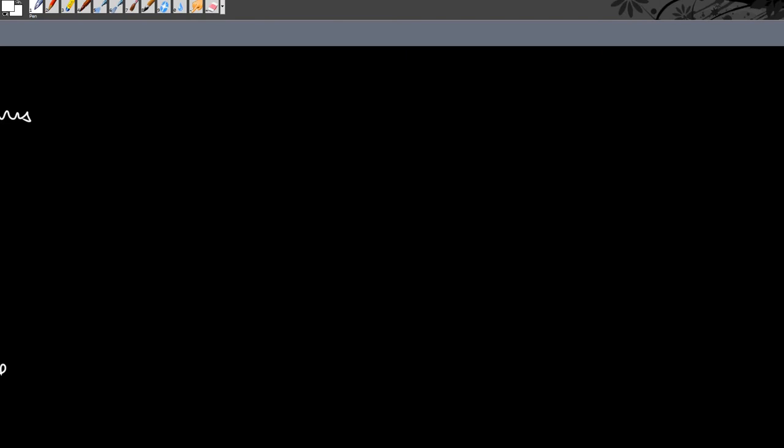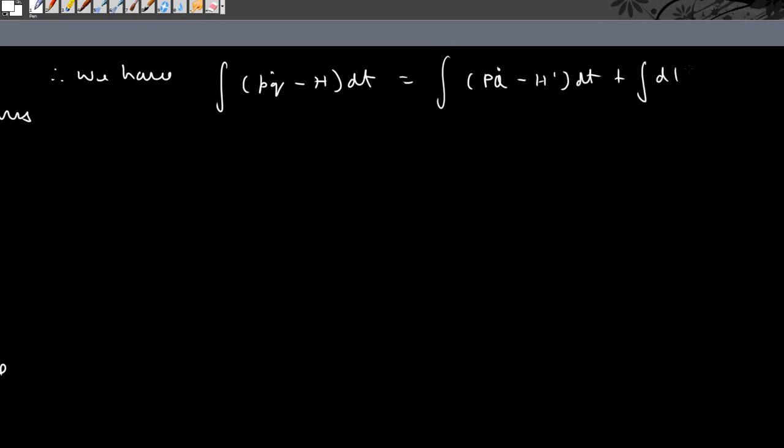Now, for now, we are just going to consider transformations for which lambda is equal to 1. Therefore we have integral of p q dot minus H dt is equal to integral of p Q dot minus H dash dt plus integral of df. Now this in differential form can be written as p dq minus H dt is equal to P dQ minus H dash dt plus df.